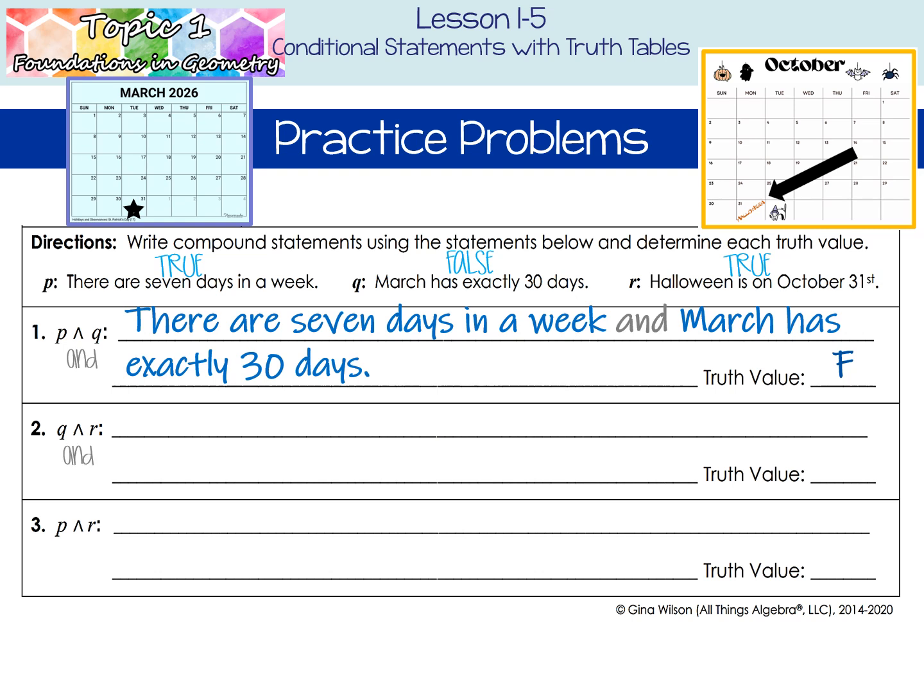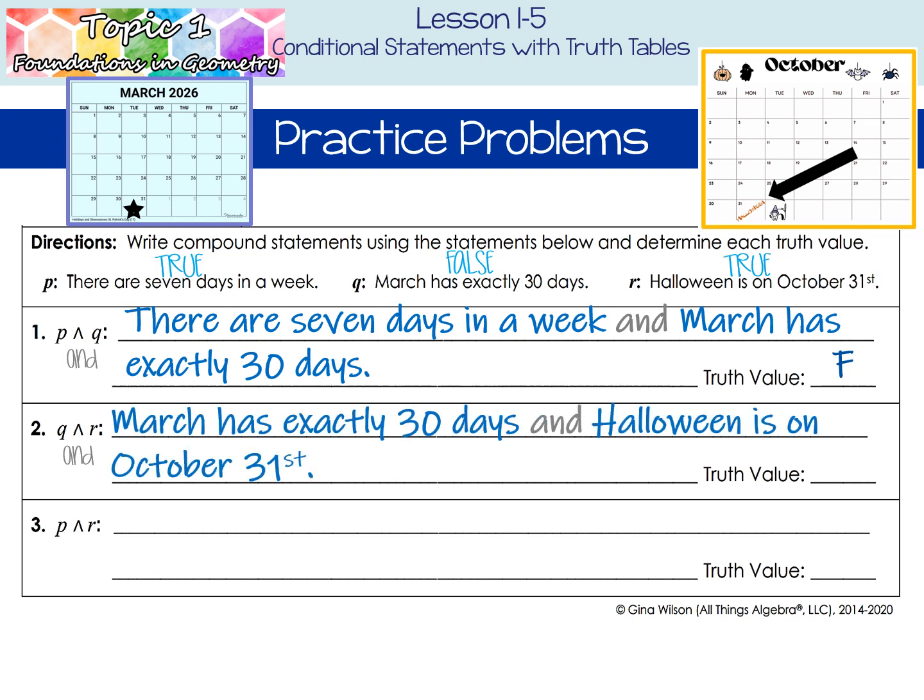Number 2, that is still an and symbol, so they both need to be true. We have Q and R, so March has exactly 30 days, and Halloween is on October 31st. Well, March has exactly 30 days is not true, so that's going to be false with and. They both have to be true.